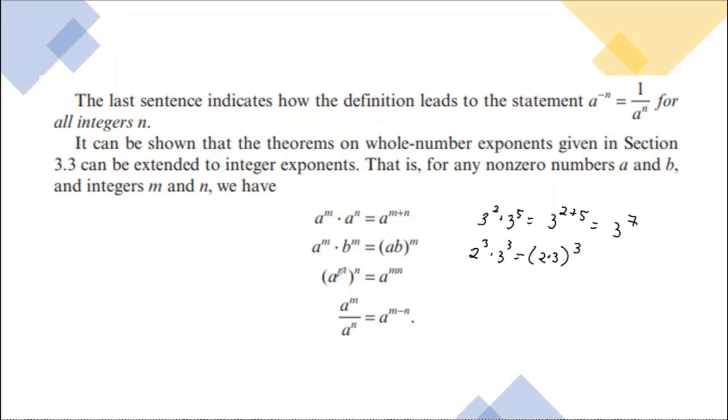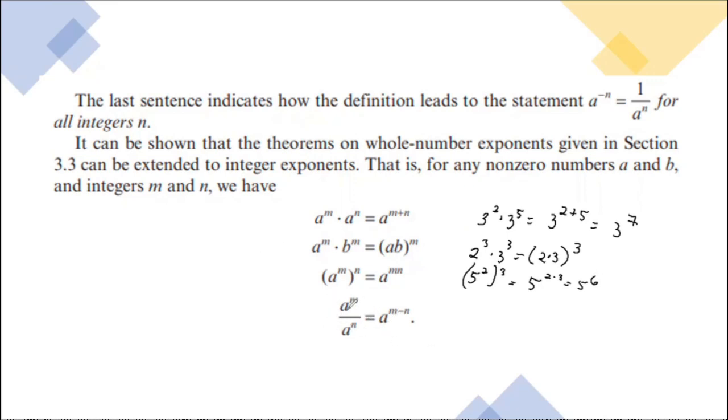And then for law number 3, A to the M raised to N is also the same as A raised to the product of M and N. Lagyan natin siya ng number. Let's say 5 squared raised to 3. So pwede siya maging 5 raised to 2 times 3 or 5 raised to 6.